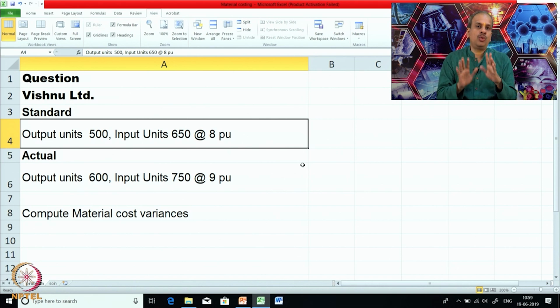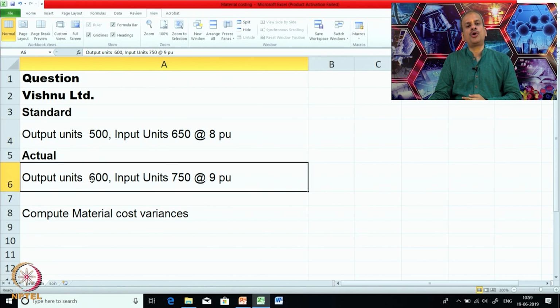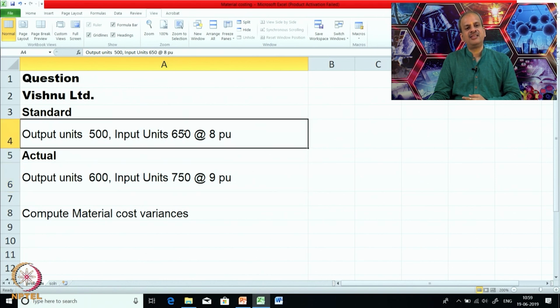The answer is no, because 750 is an input for output of 600 units, while at standard 650 is an input for output of 500 units. So, we cannot compare input which is for two different outputs. Got it? We have to standardize it or we have to bring them on equal footing.